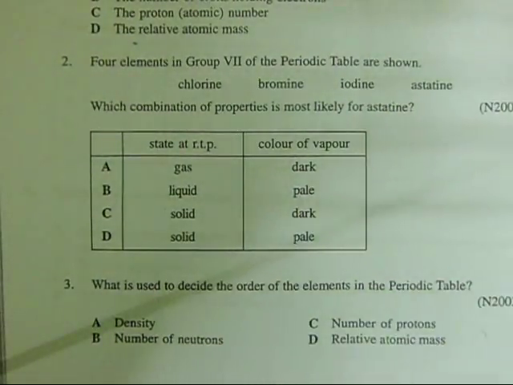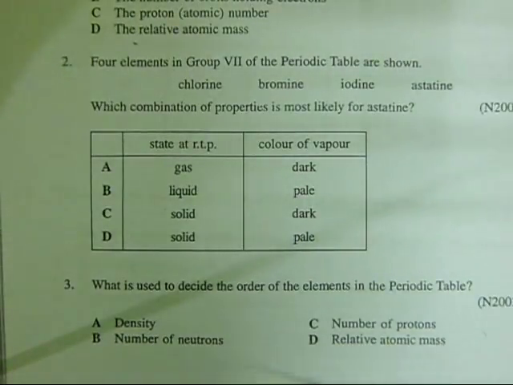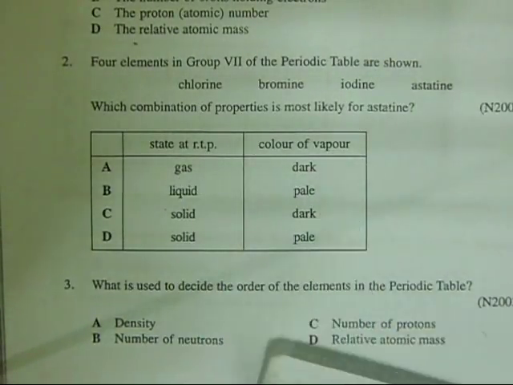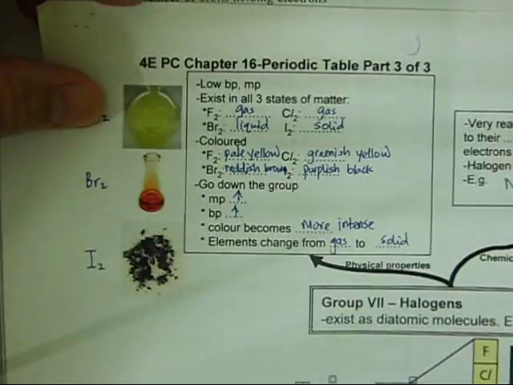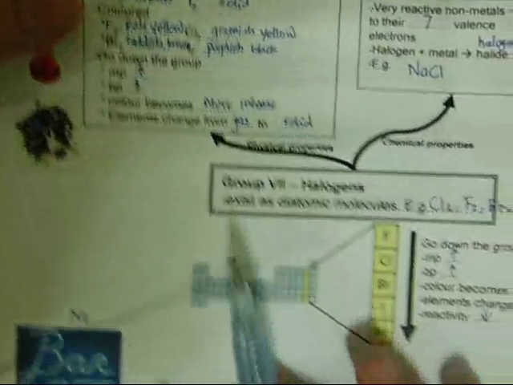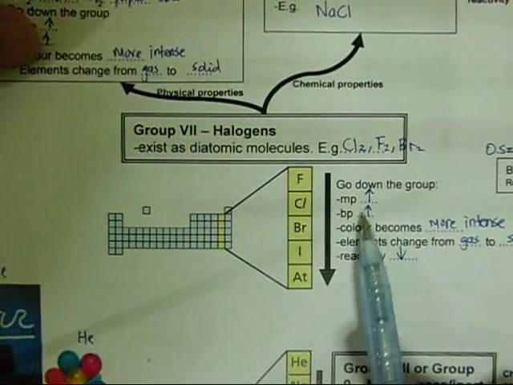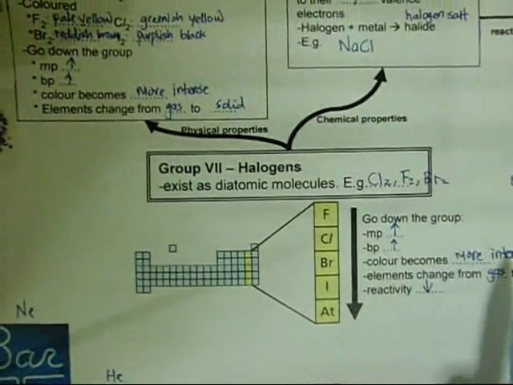Now this is clearly stated in the mind map. For astatine, you have to remember the state as well as the color of the vapor. So it is actually from this part of the mind map. For astatine, as you go down the group, the color becomes more intense, so astatine would be black.